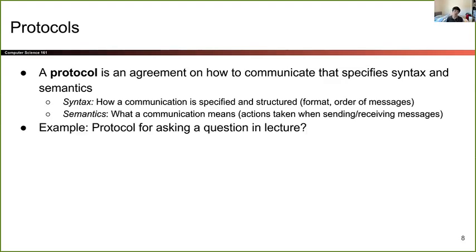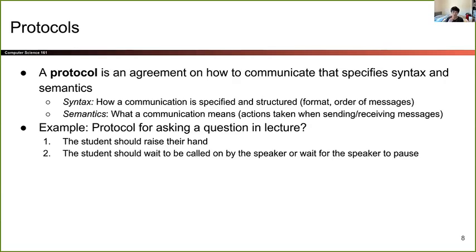This doesn't just have to be technical as well. We could have a protocol for, say, asking questions in lecture. Step one of this hypothetical / actually real protocol is a student should raise their hand. Because it's Zoom, maybe this isn't as relevant, but you can technically raise your hand in Zoom, so we're going to go with this. Step two is going to be that the student waits to be called on by the speaker or waits for the speaker to pause.